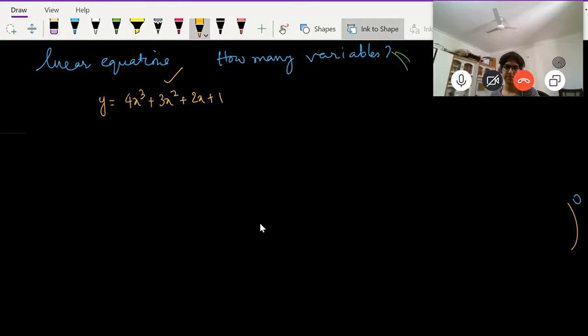So how many roots will it have? 3. How can you say 3? Because we take the degree of the highest variable.